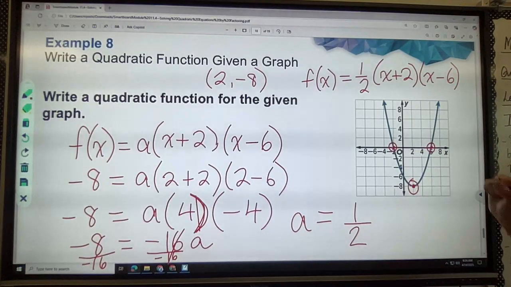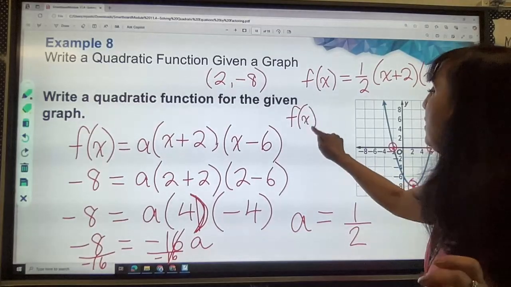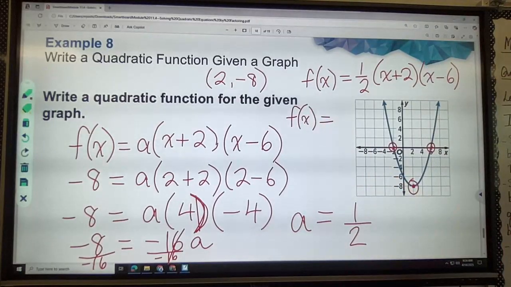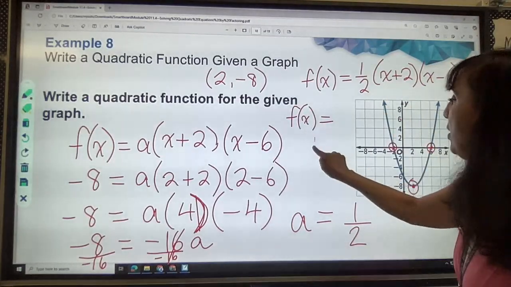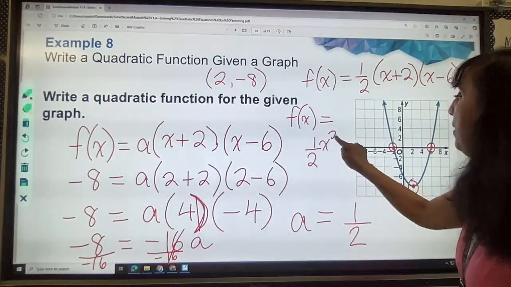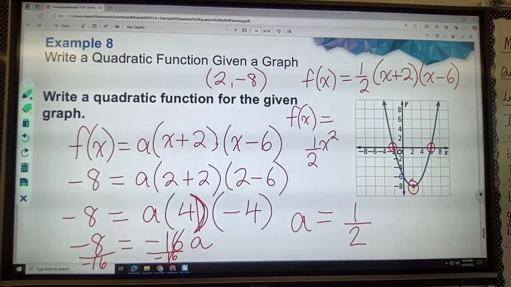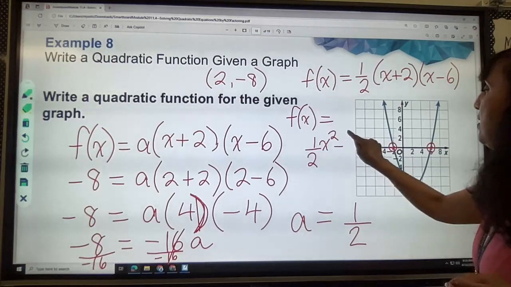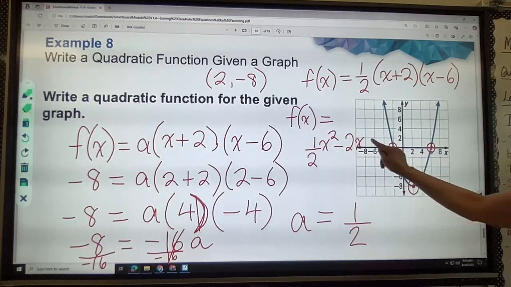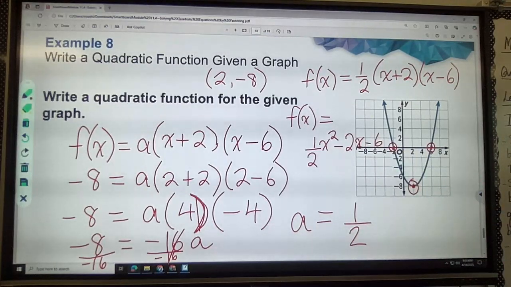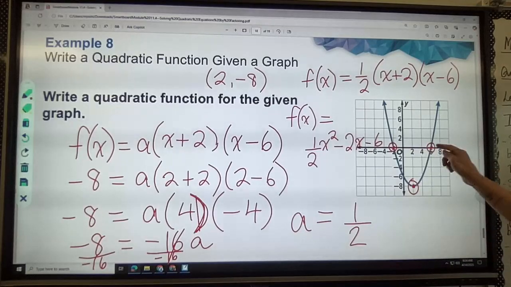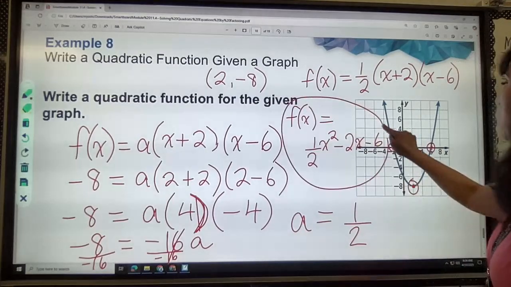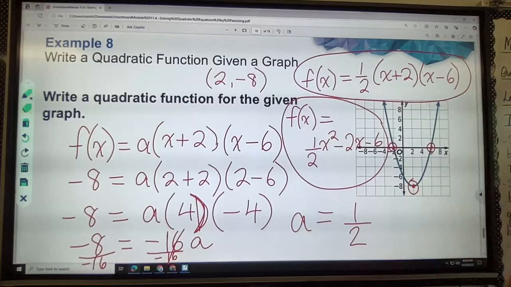Or I can write this out as f of x is equal to 1/2 x squared, so we are just going to use how we multiply binomials to get a trinomial, so 1/2 x squared minus 2x minus 6, okay? And that's how we solve this, and this is my equation. This is one way, and this is the factored way. Okay? And that's basically what this lesson is about.